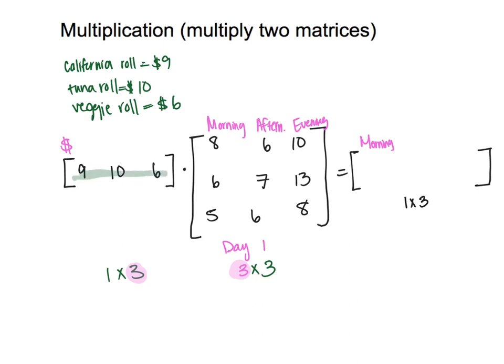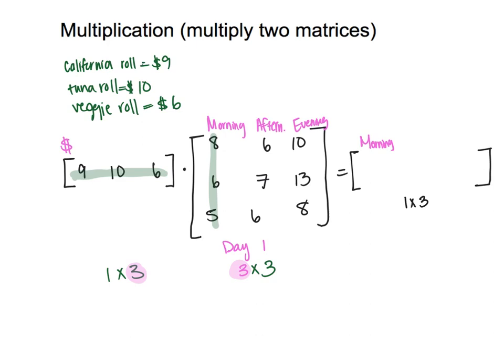So I'm going to multiply this row with this column. So that's going to be 9 times 8. 9 times 8 gives me 72. So I'm going to write that here. Let me do that in like pink or something.